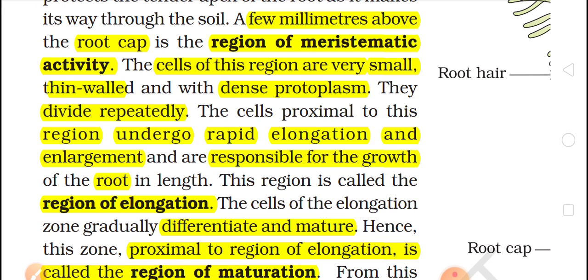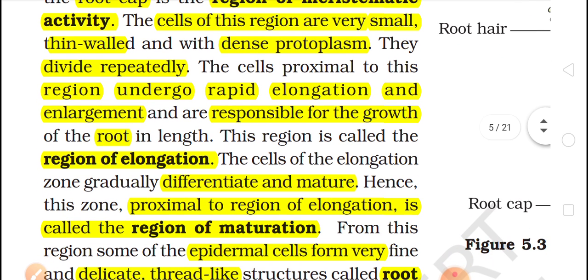The new cells are formed in this region. After that, second, the region of elongation, in which rapid elongation and enlargement of cells takes place, and these are responsible for the growth of the root in length.